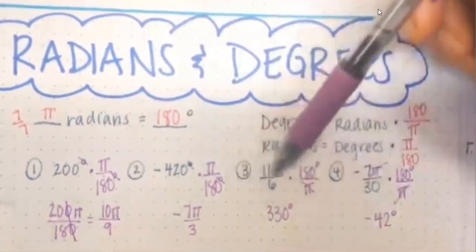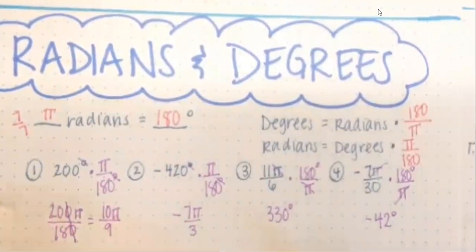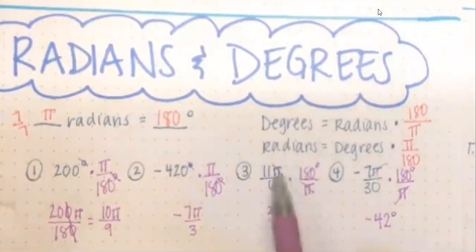In other words, I'm going to do 11 times 180 divided by 6. Again, that's what we're doing in the long run, but it's a shorter way of thinking about it. Anytime I have a pi, I just pull it out, put a 180 in there, and simplify. Okay, so that's radians to degrees.